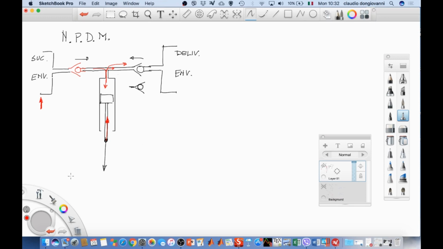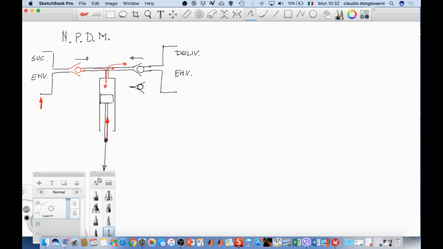The other category, the dynamic machines, works by using the interaction between a fluid and the machine in a totally different way. In order to explain very simply the idea of this machine, you have to think of an airplane.